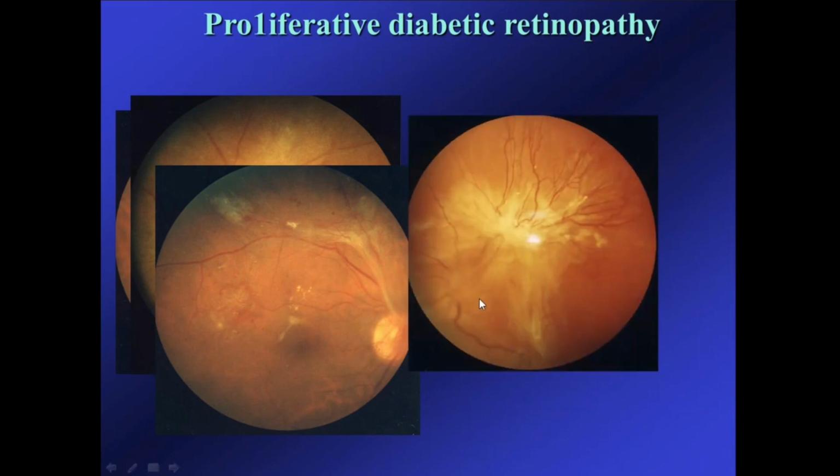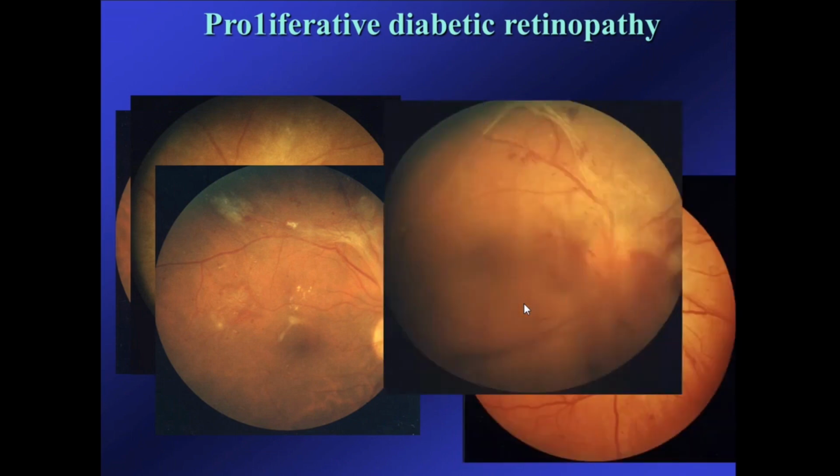Here also, we can just think that something here must be the optic nerve, and here you can see proliferative tissue directly in the center of the macular area, and this is a very severe situation. We can suggest that this patient has rather bad visual functions.